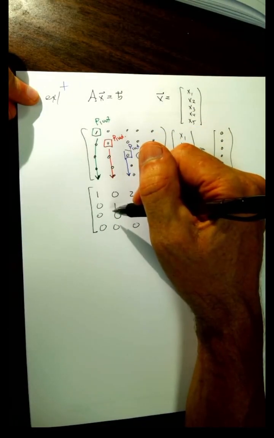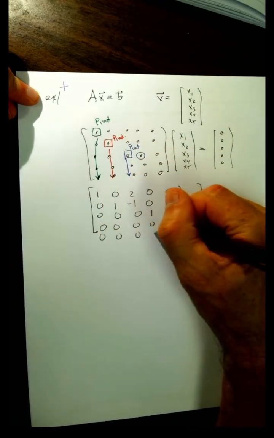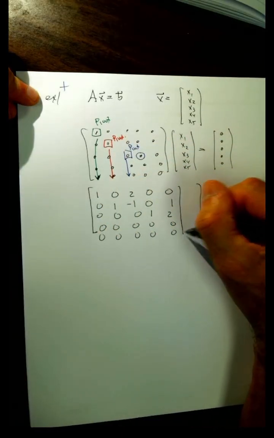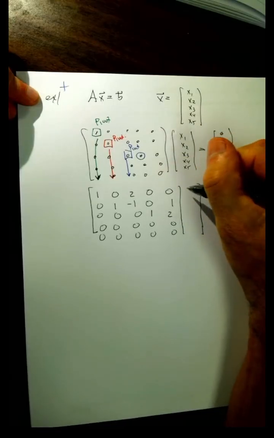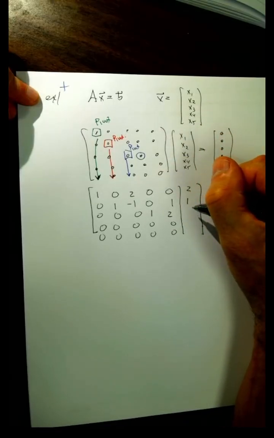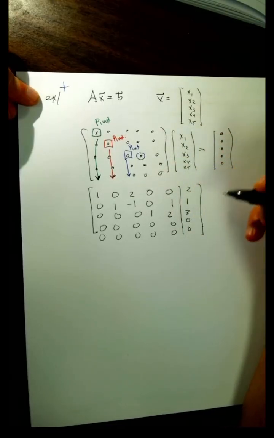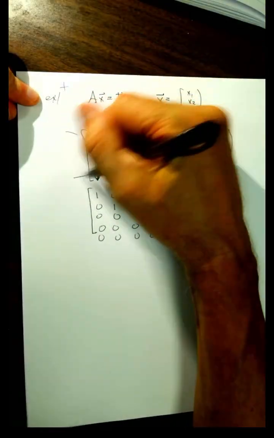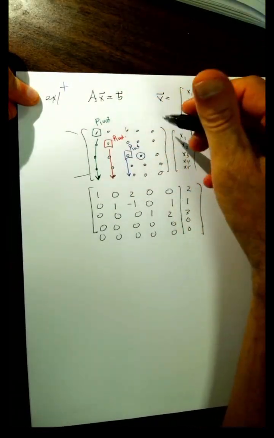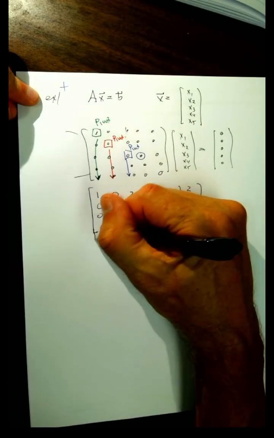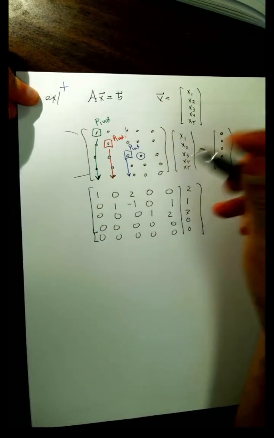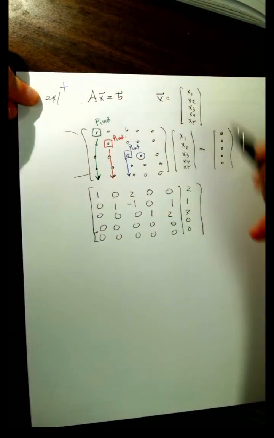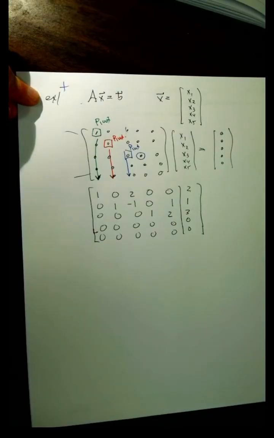So I've got to have 5 rows. And the reason I have to have 5 rows is because I said earlier that I had 5 equations. I could have 4 or 3 or 8 equations. It's just that in this particular case, I said I'm going to have 5 equations. So if I have 5 equations, I need to have 5 rows. Let's suppose that I go through and I do everything and I get down to here.